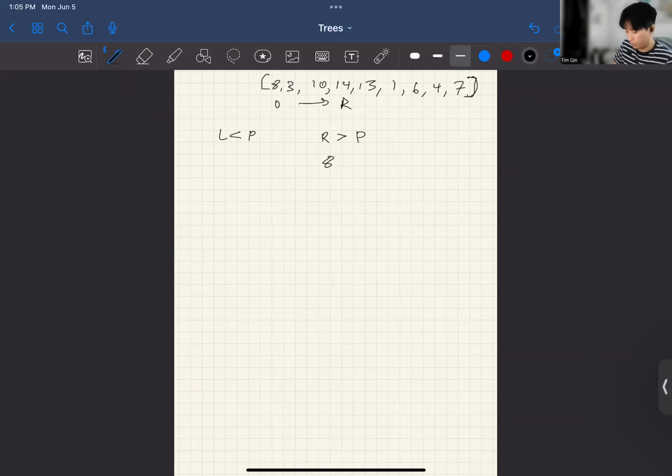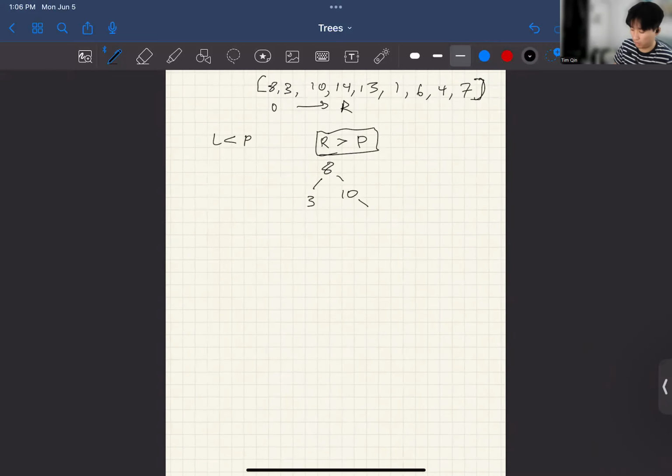So 3 is less than 8, so it goes to the left because left is always less than the parent node. Since 8 would be the parent node of 3, and 3 is less than 8, it would go to the left. 10 would go to the right because of this property here.